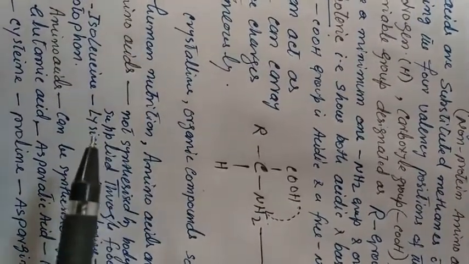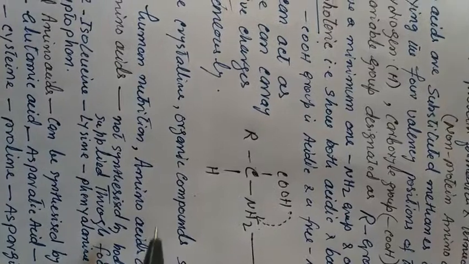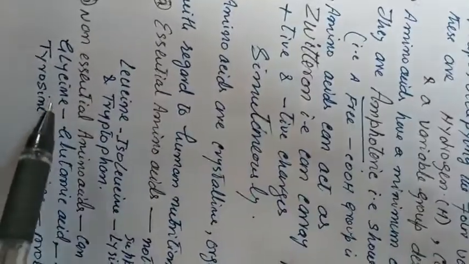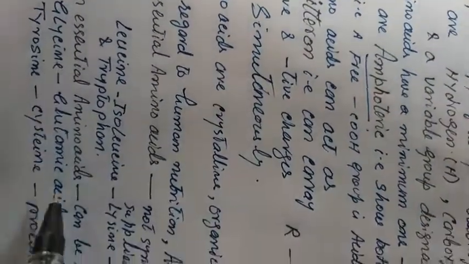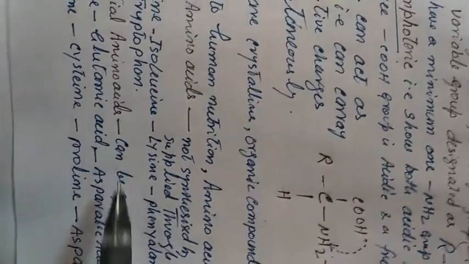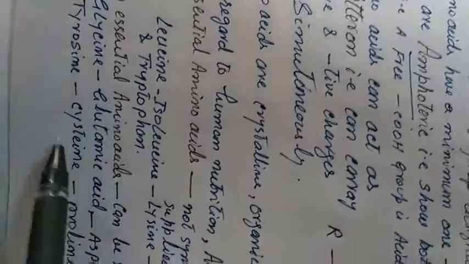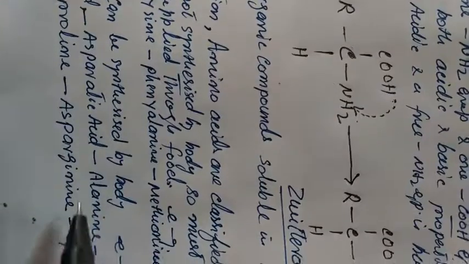That is why they are called non-essential amino acids. These non-essential amino acids include glycine, glutamic acid, aspartic acid, alanine, serine, tyrosine, cysteine, proline, asparagine, etc.